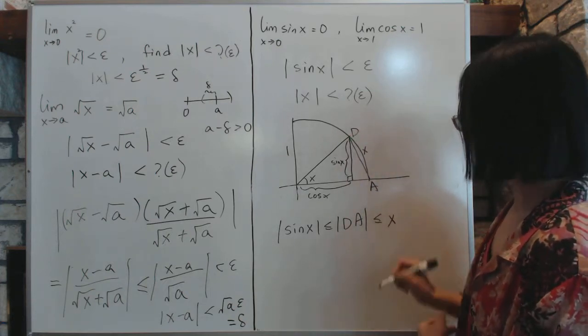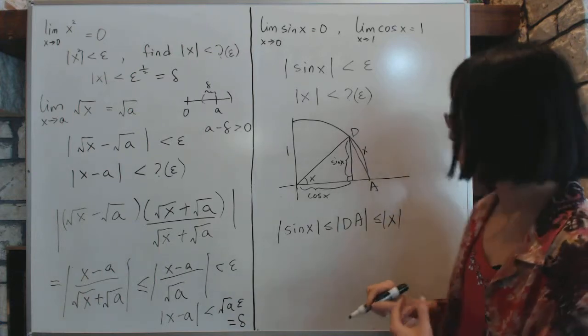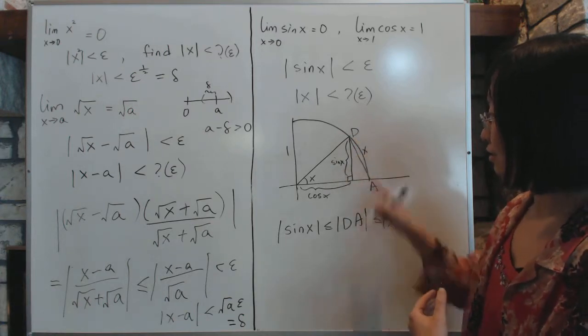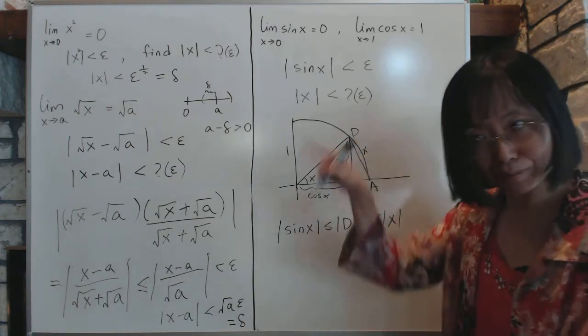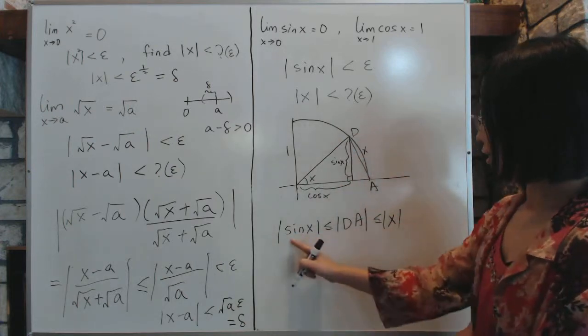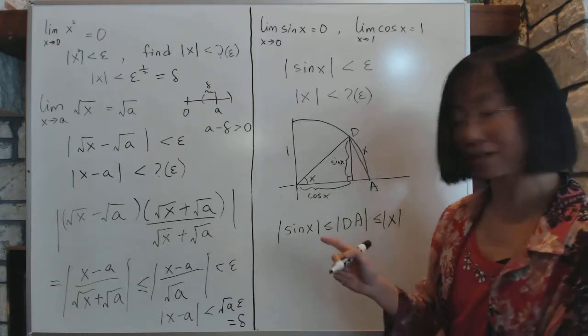And why is that? That's because of a theorem in geometry that the chord of a circle is not going to be as long as the arc itself. And you have to remember all that stuff from geometry, but it's also intuitively obvious.